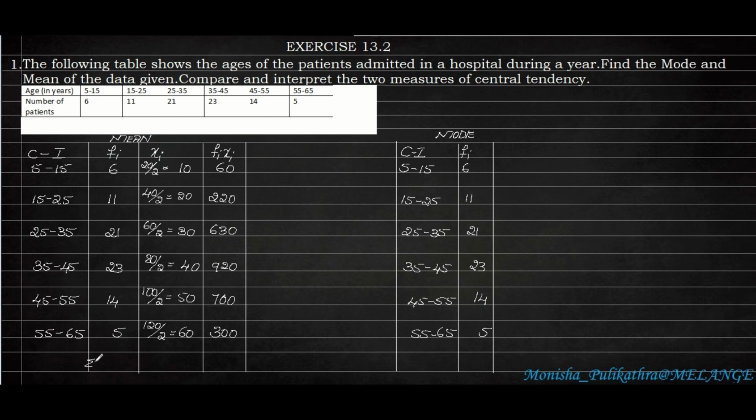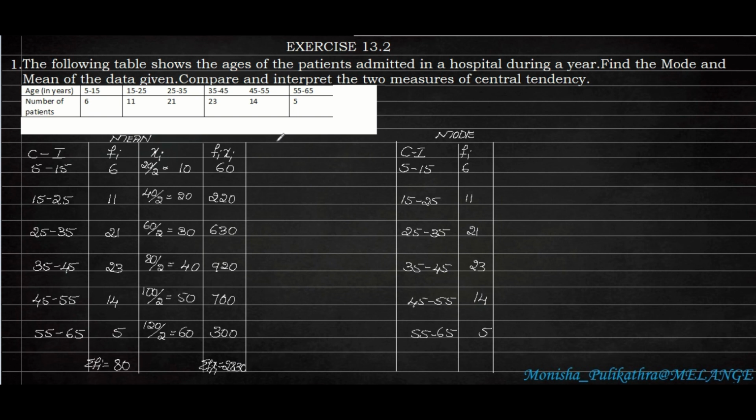So now we need to find out the grand total of both frequency and Fi Xi. That is summation Fi Xi. So when we add all these things here, the summation Fi is obtained as 80, and when we add Fi Xi, the grand total of Fi Xi, we will obtain 2830. Okay.